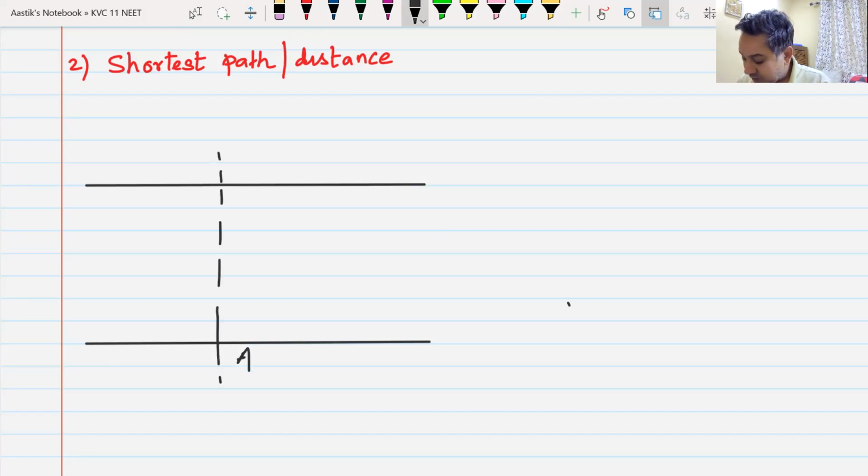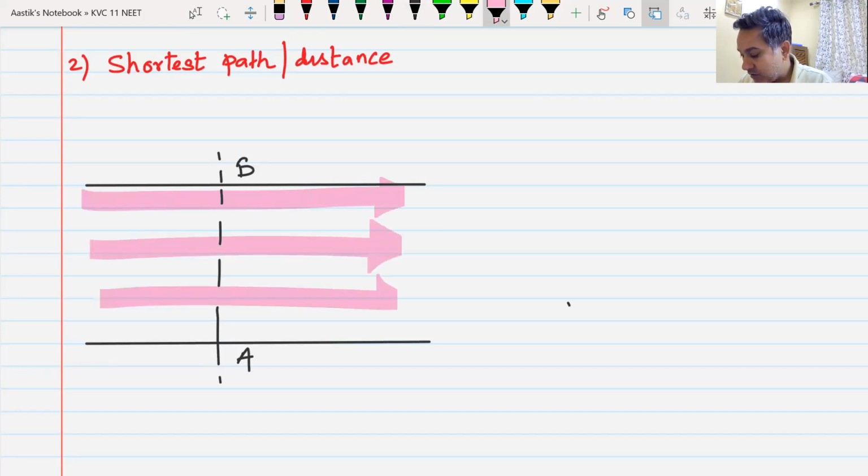Again, I have this point A, I have this point B. The river is still flowing like this. That is what I've assumed. How should he move now? When I say shortest path, he has to cross the river and he has to take the shortest path. Which is the shortest path going from A to B?